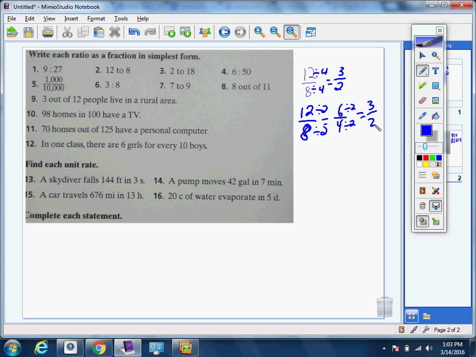Okay, as long as you get down to the final one, because when it says write each ratio as a fraction in simplest form, you've got to take it as small as you can get it.